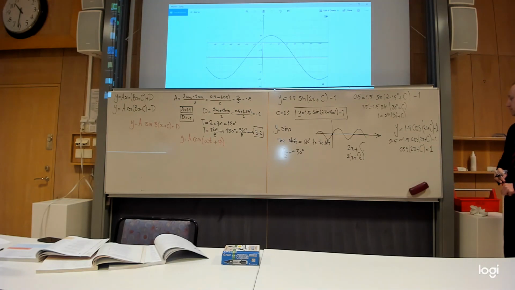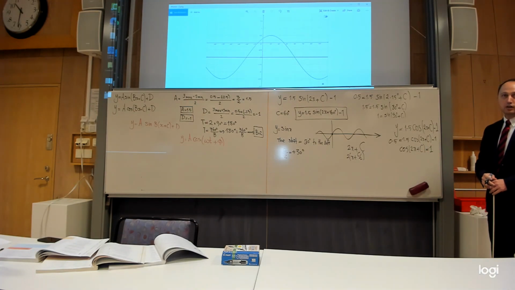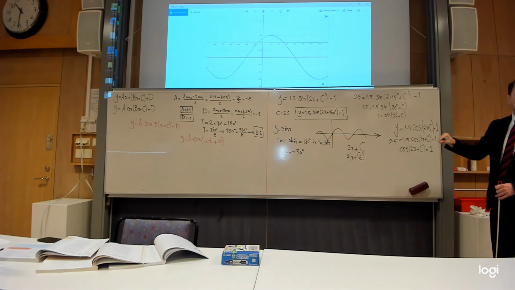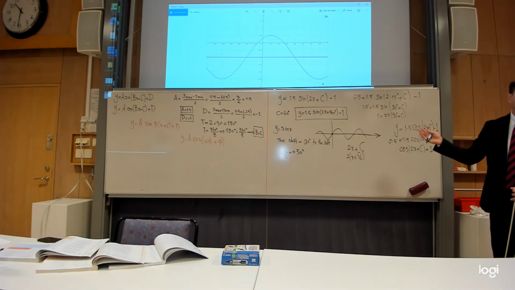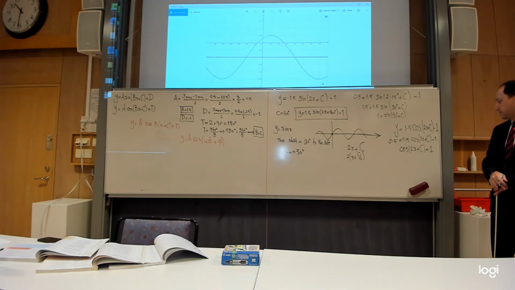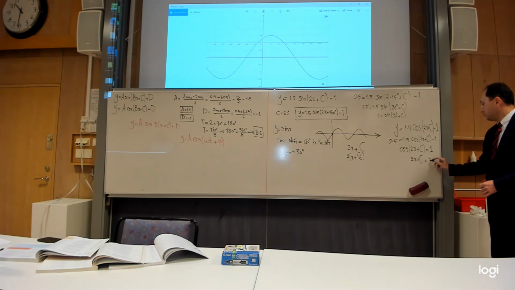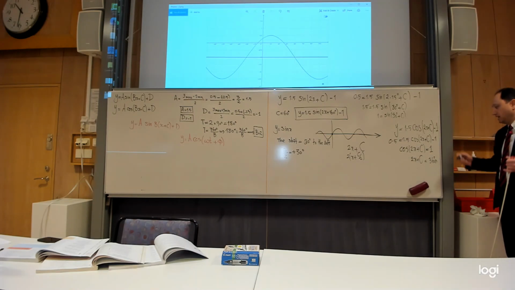So what is the value here? The famous angle is what? If you want to make cosine equal to 1, you need to be on the rightmost point on the unit circle, which is 0 or any multiple of 360 degrees. Agree? So 2x plus c is any multiple of 360 degrees, with any integer that you like.